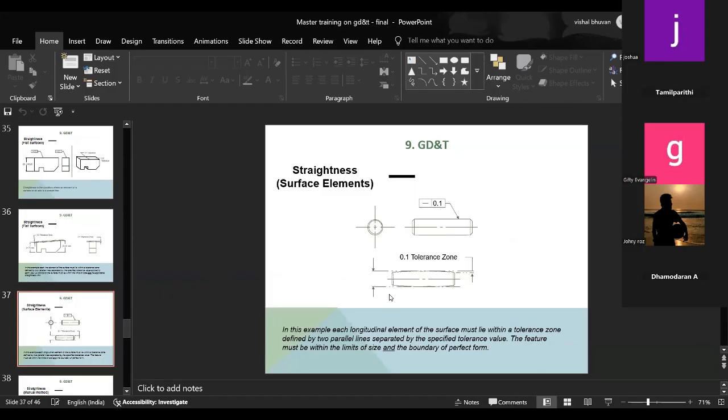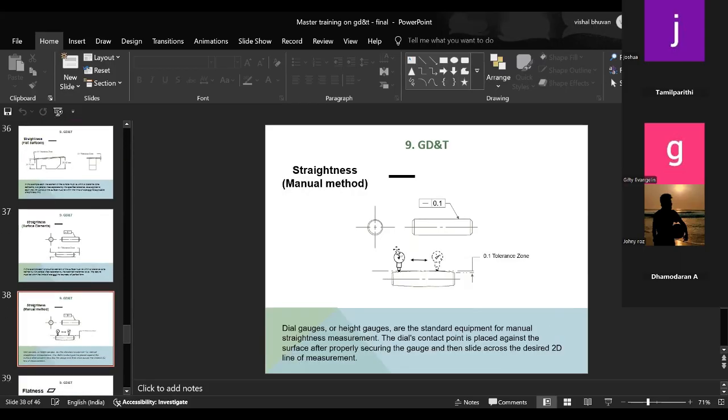So this is the scenario of straightness in a cylindrical job. Here also the same condition: in one particular cross section, we can get a straight surface in a cylindrical job. Here we're going to check the straightness. The manual method will be a dial gauge.